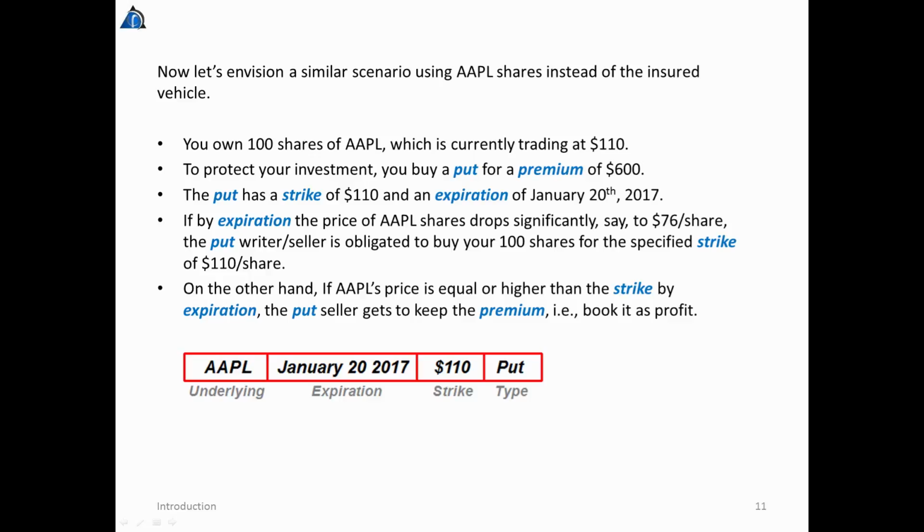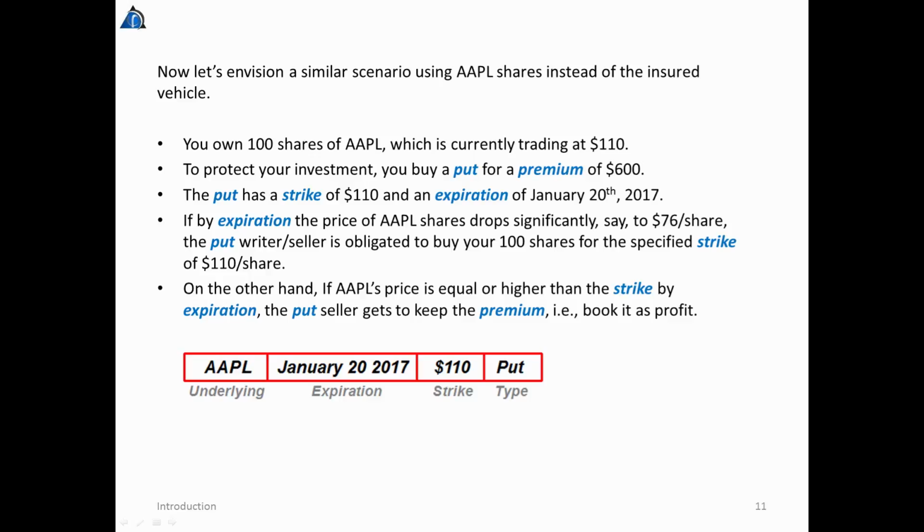Let's go ahead and apply what we've learned so far to an actual stock instead of the insured vehicle. Let's envision a scenario using Apple shares, which are currently trading at $110 a share. You buy 100 shares of Apple, expecting it to reach as high as $125 a share by January 2017.